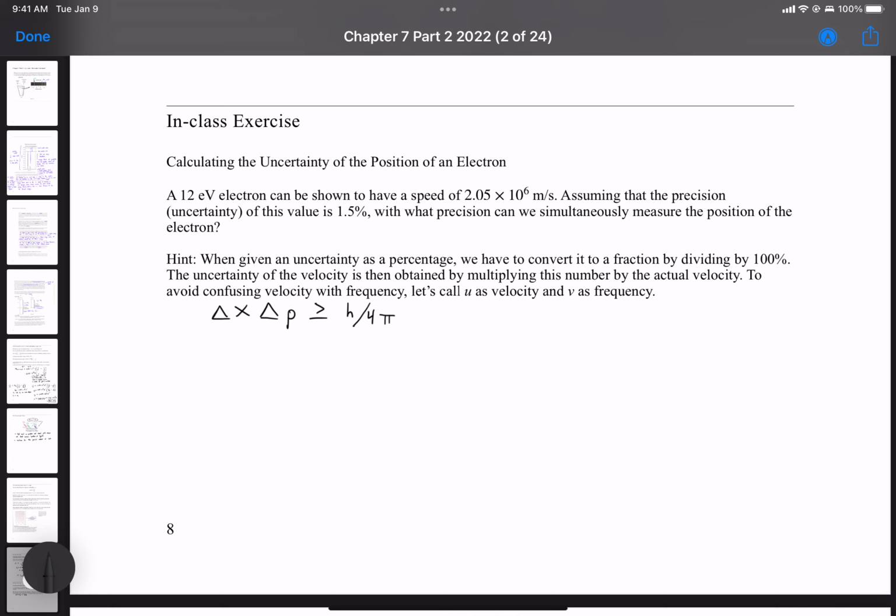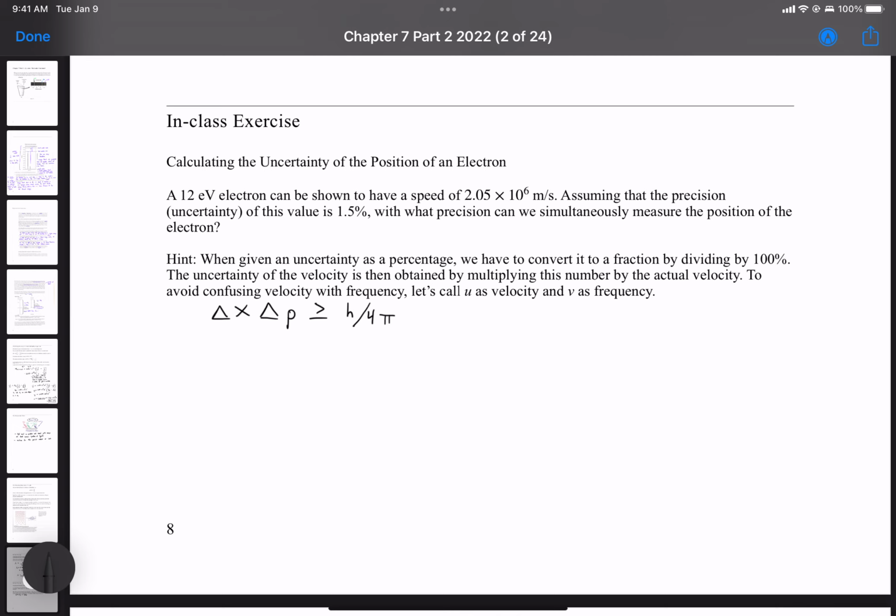So this value here is a constant. It tells us there's a limit to the certainty with which we can know the position and velocity of a particle both at once. It's equal to this constant here, h over 4 pi, where h is Planck's constant divided by 4 pi.